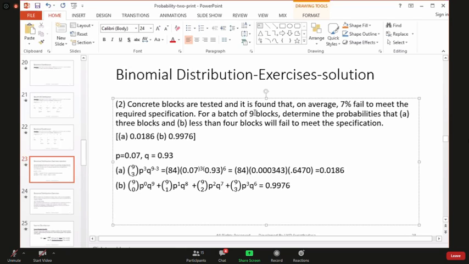For example, you have 9C0, 0 failures, 1 failure, 2 failures, 3, 4, 5, 6, 7, 8, 9 failures. All possible outcomes have to be considered. Can you write the sample space? Very difficult. But we can get the probabilities easily with 9C0, 9C1, 9C2, 9C3.